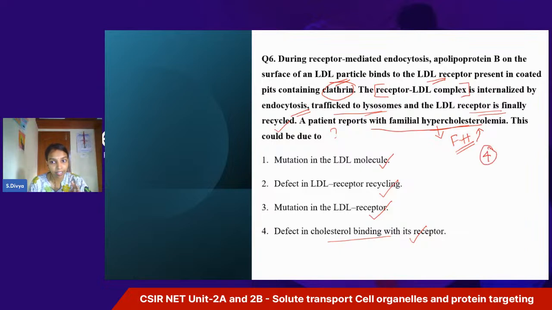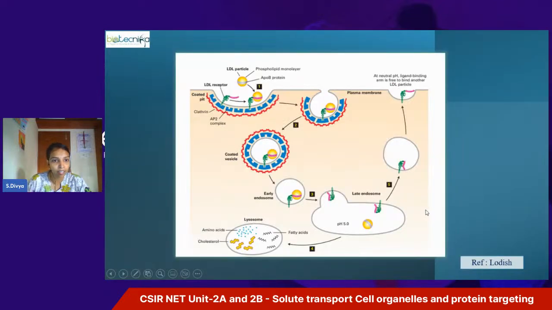The only thing is that you have to be aware of familial hypercholesterolemia. Okay. The correct answer over here, as mentioned by the majority of you, is mutation in the LDL receptor. Can anyone tell me what is the conserved amino acid sequence present within this LDL receptor?